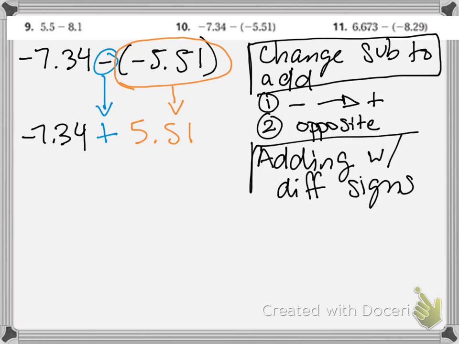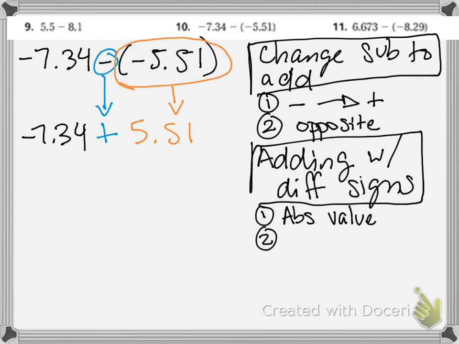And hopefully we remember that the steps are we take the absolute value, we do big minus small, and then we use the bigger sign.